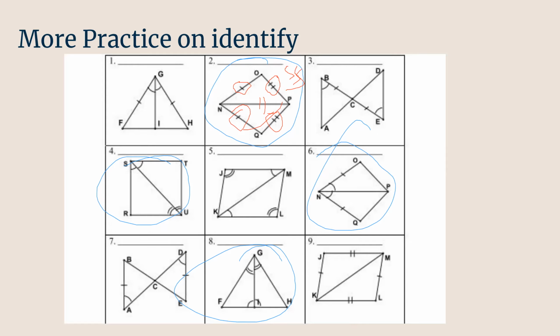First we know that here is a shared side, and then here's a pair of equal angles, and here's another pair of equal angles. So this becomes the situation of ASA or AAS. This doesn't matter, they are the same.